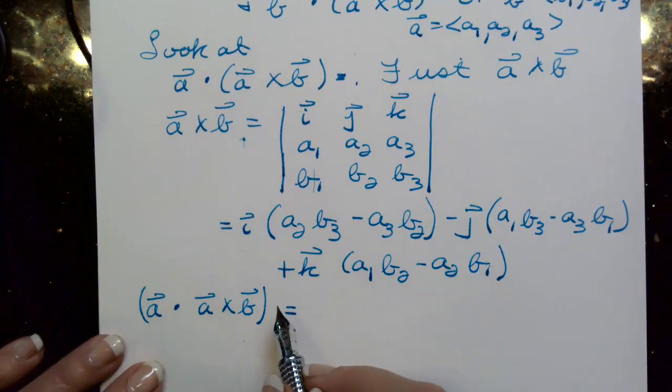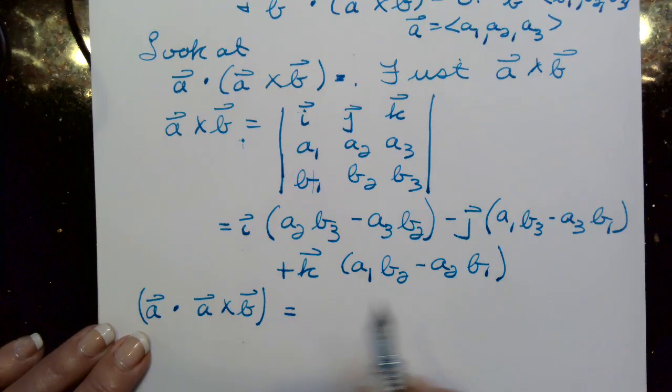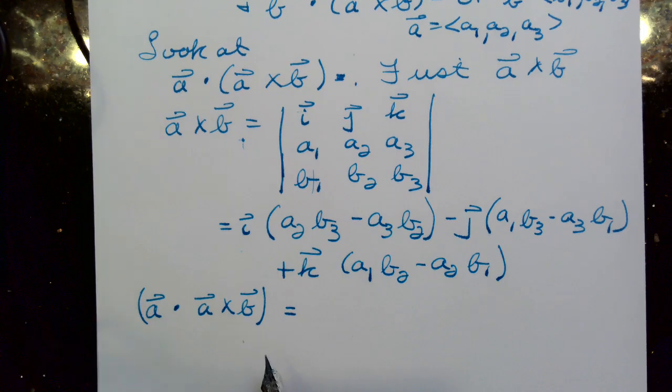So we take A dotted with this. Now, how do you take the dot product of two vectors? You take what's in the first component of both and multiply them together, then the second component of both, multiply together, then the third, and so on, and then add them all up.